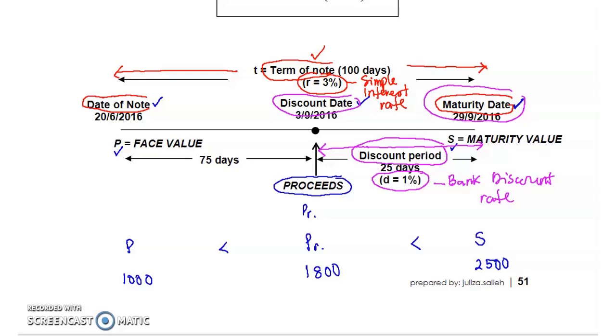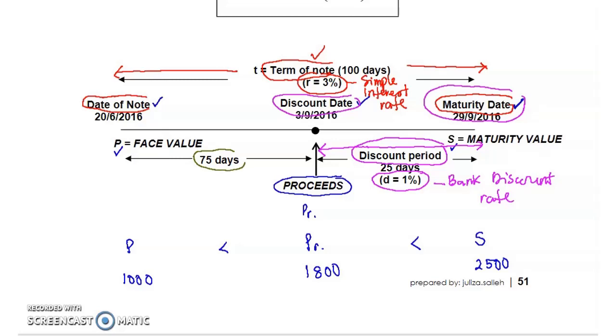For example, the term of note is 100 days, and the discount period is 25 days. From date of note until maturity date is 100 days. So if the discount period is 25 days, within this time period we have 75 days.